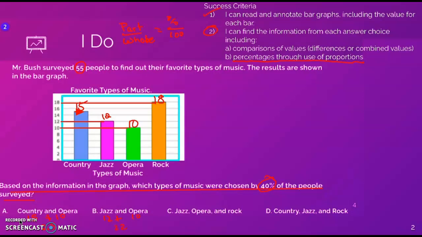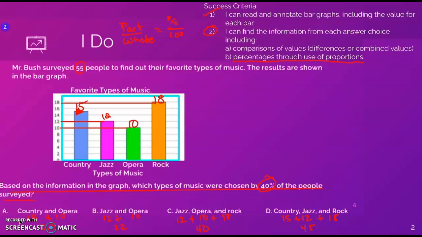Choice C is jazz, 12, plus opera, 10, plus rock, 18. Let's see, that's 30, that's 40. Let's make sure, 30, 40, yeah. And the last one is country, 15, plus jazz, 12, plus rock, 18, which is 30. 30 plus 15 will be 45.